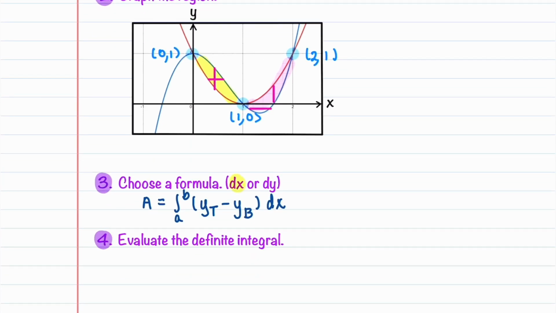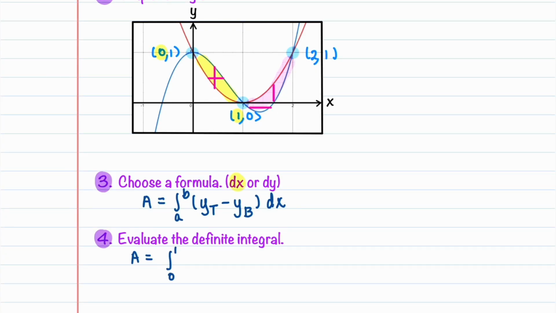Now let's go ahead and set up our integral. We are going to have two integrals because with the yellow region, our cubic is on the top, and with our pink region, our quadratic is on the top. Our area then is going to look like this. Our yellow region is going to be the integral from 0 to 1. The curve on the top is the cubic, and that is x cubed minus 2x squared plus 1.